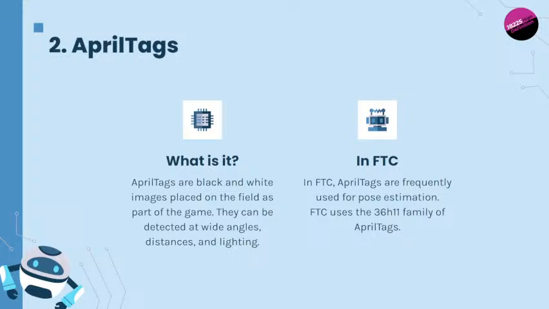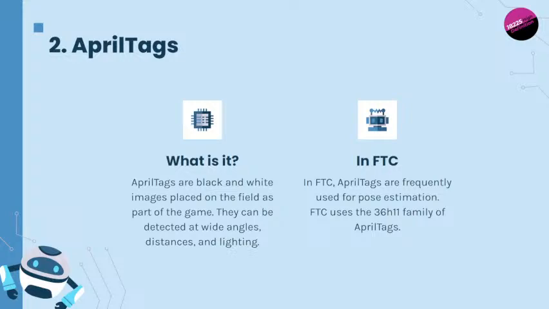The April tags are placed on the field, and also on the game elements. If you had an April tag on the robot, that wouldn't really help, because the robot's moving around. But let's say you have an April tag on this wall, and the robot's moving around.